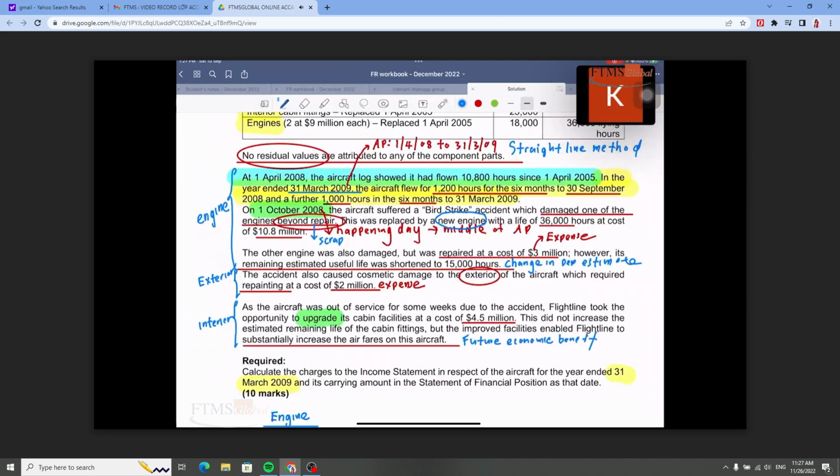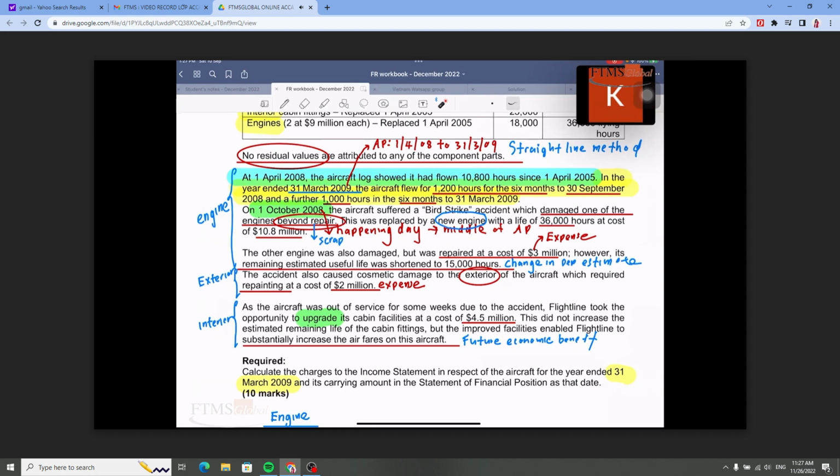So the change in depreciation estimate, change on which day? Change on the happening day. So do you see the happening day is actually the same as your scrap, right? They have the same happening day. So change in depreciation estimate, the first time is you need your carrying value at date of change.